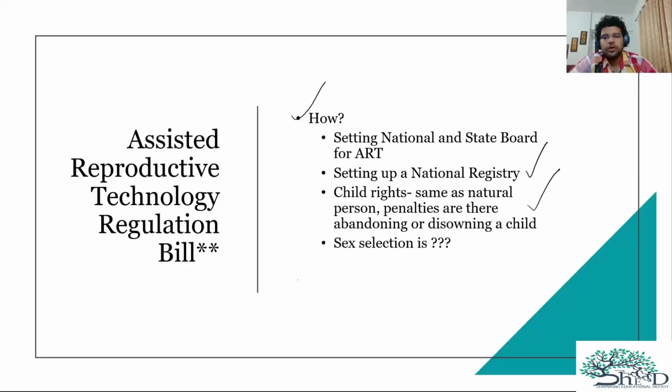This regulatory state board will advise the government. It will also help in changing the bill in the future if need be, right? Now the bill has tough punishments for people who indulge in sex selection. All right.